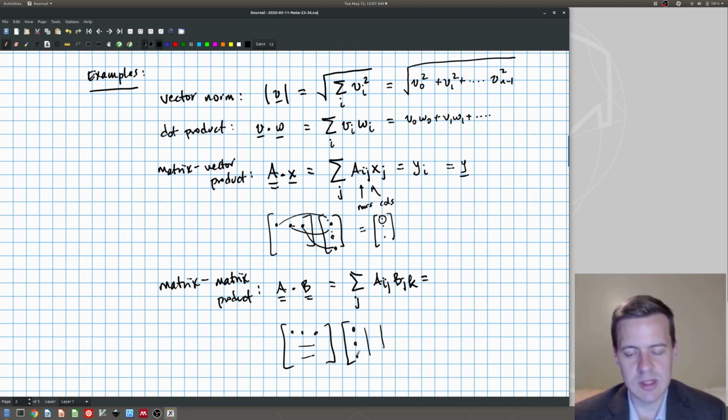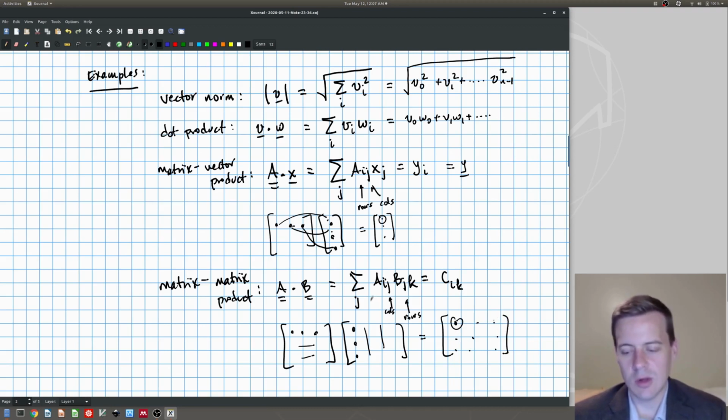I do the columns of this one multiplied by the rows of that one, because I go down the rows here and across the columns there. In the end I'm going to get out something like C i k, a whole new matrix, where that first entry comes from this one, and then I go on and have other things in that C matrix.